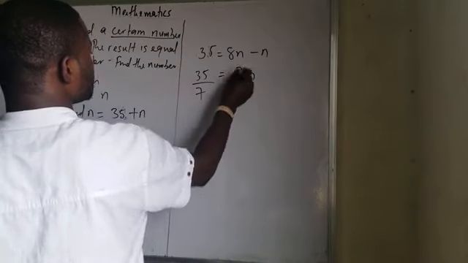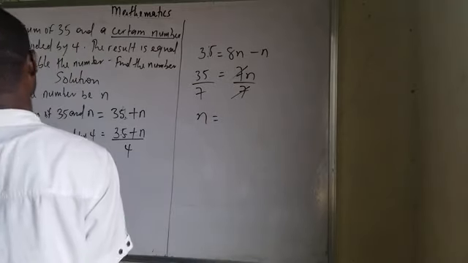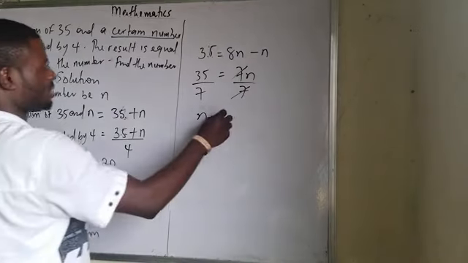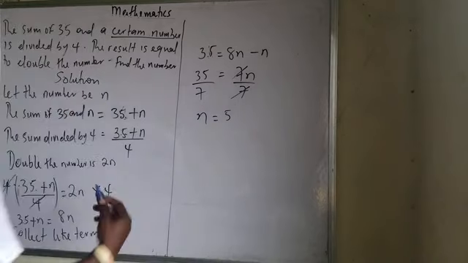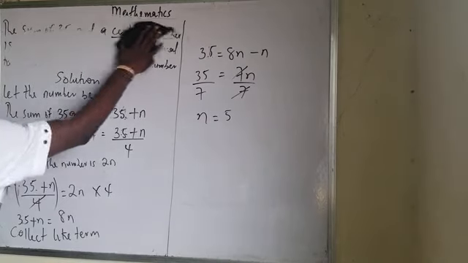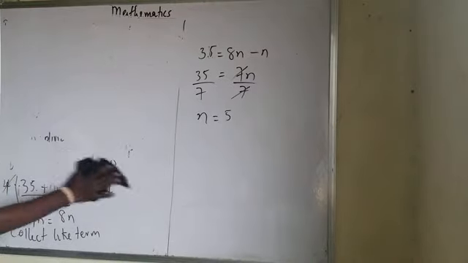This will cancel. My N will be equals to what? 35 divided by 7, which will be equals to 5. 7 times 5, yes, which is going to be 5. It means my N, the number we are referring to, is 5. Before we move on, let me quickly round up this with this.